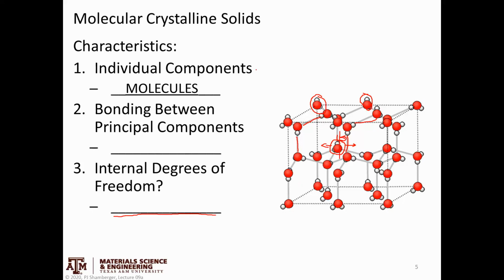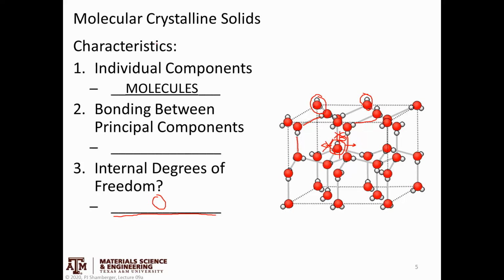And so in this molecular crystalline solid, we still have 0 internal degrees of freedom because there's no translational freedom. The positions of each of these molecules are fixed in this unit cell, and there's no rotational degrees of freedom either. Each of these angles is determined, and the water molecule essentially is frozen. It's stuck in that one position.